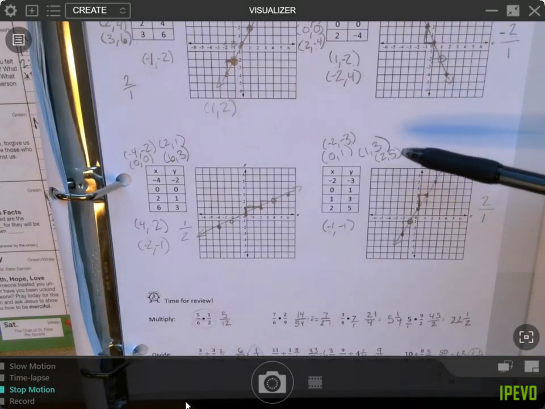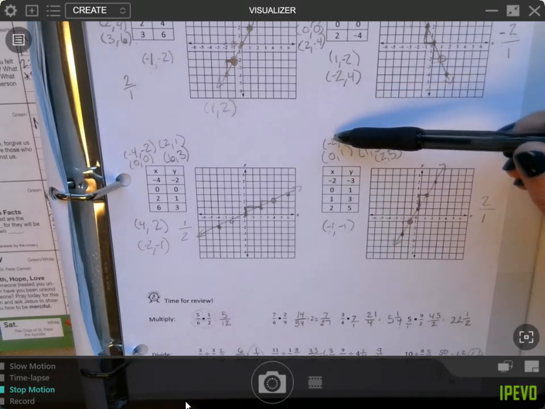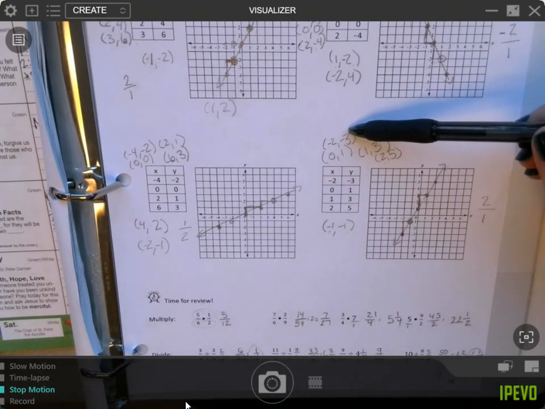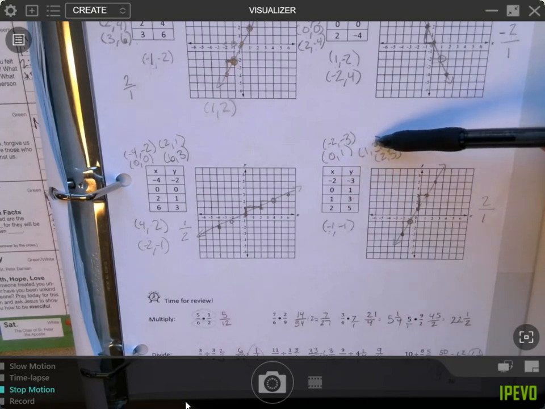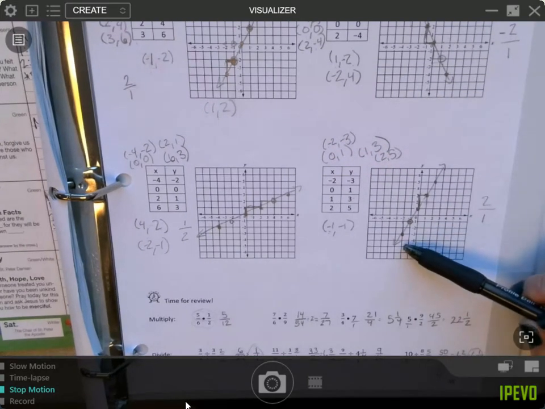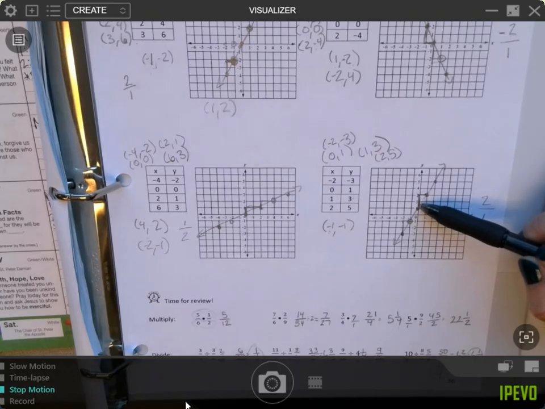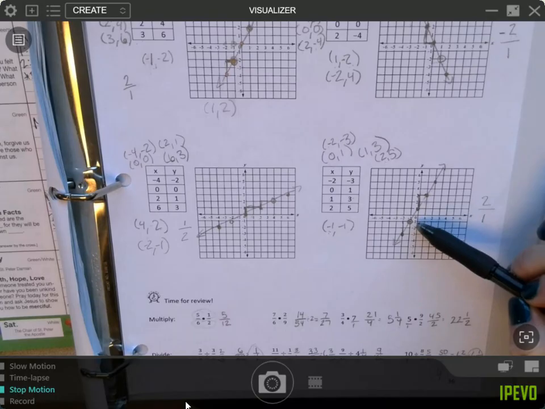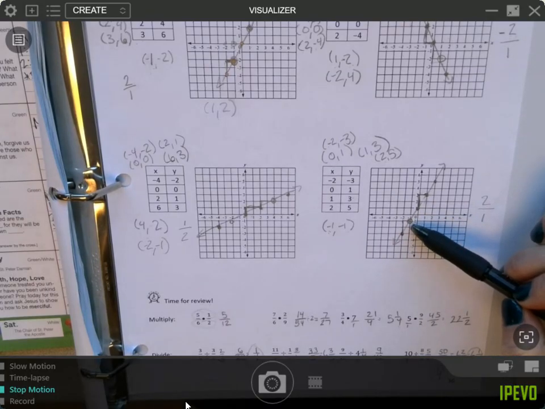And our last one, we have our ordered pairs of -2, -3, 0, 1, 1, 3, 2, 5. Our graph should look like this. Finding our slope, we go up 2 over 1. So if I come down here, I go up 2 over 1. I come to -1, -1.